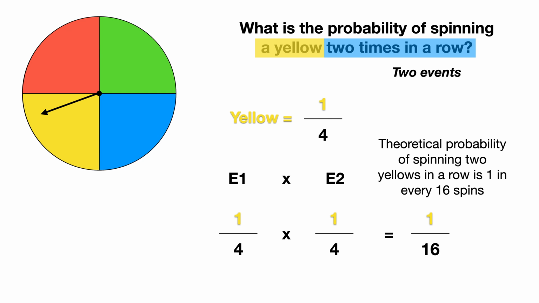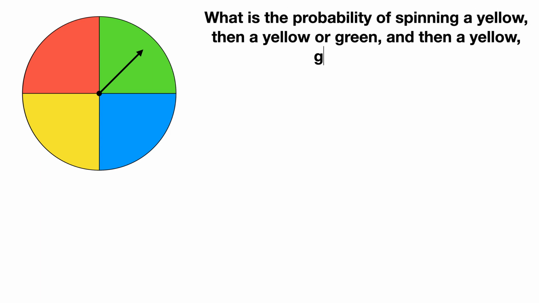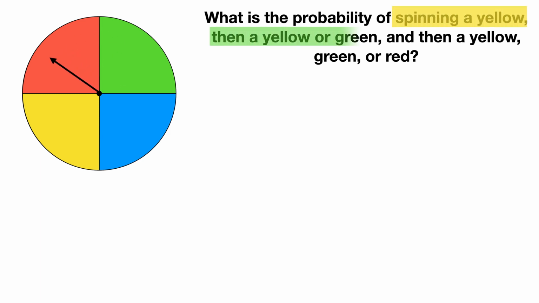Let's try one more with the spinner. In this one, the question is, what is the probability of spinning a yellow, then a yellow or green, and then a yellow, green, or red? A little bit trickier of a question. So that's 3 events.